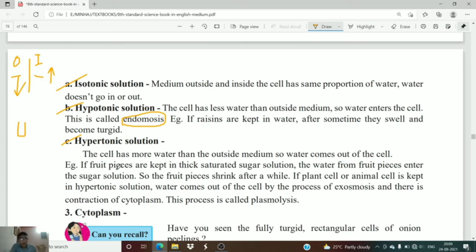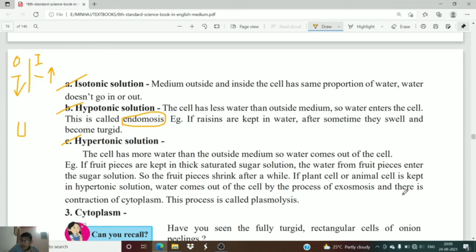Then the water from the raisins will flow out and mix with the sugar solution, and you will see that the raisins shrink. That means their size is reduced.